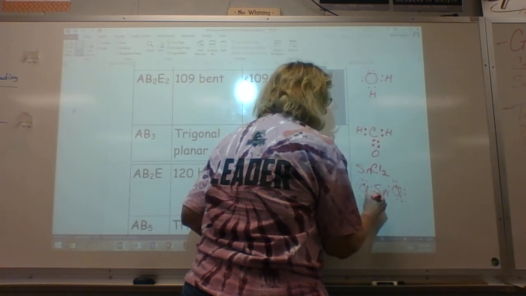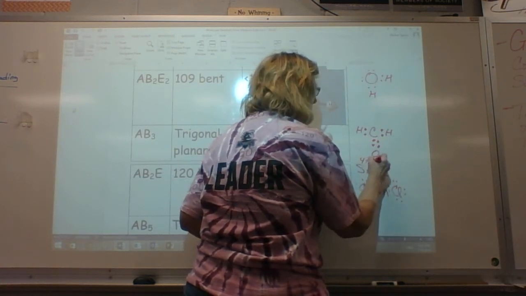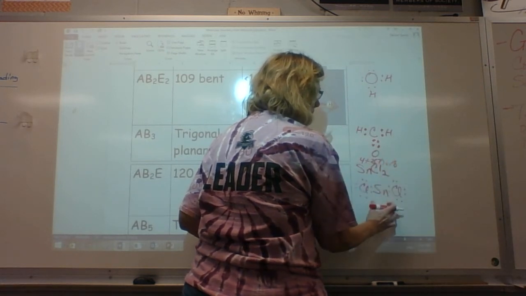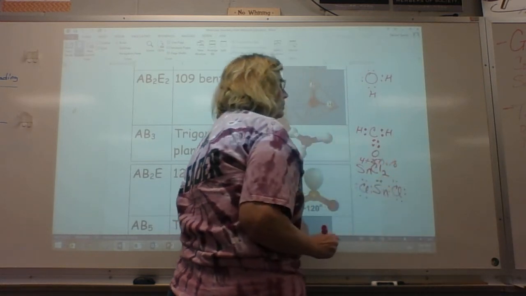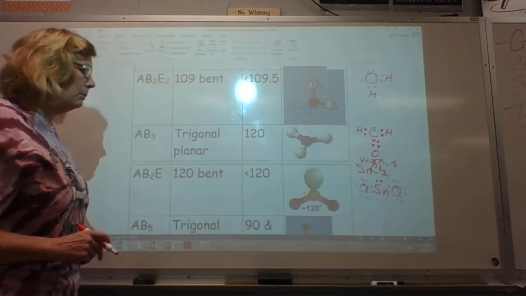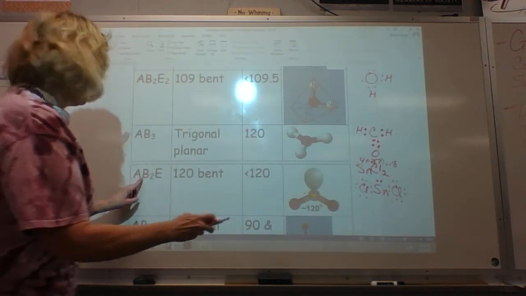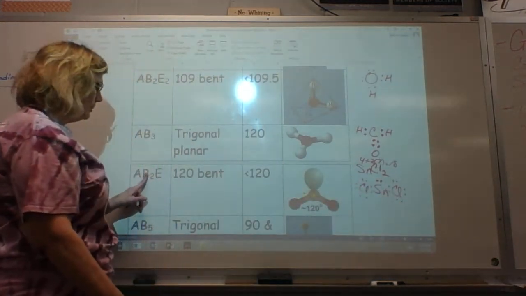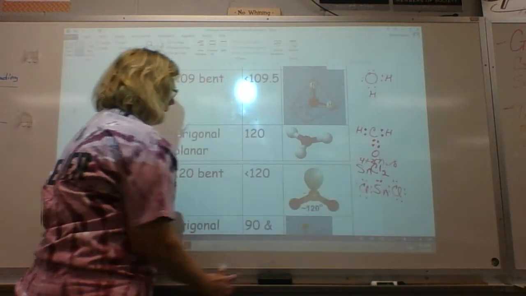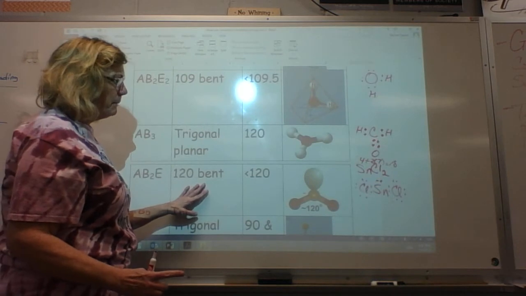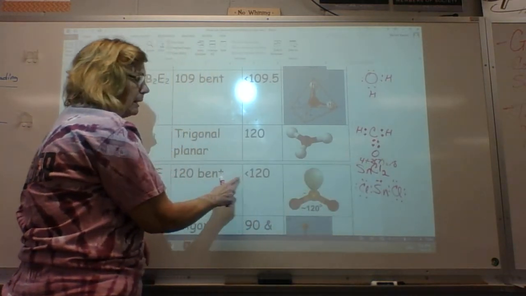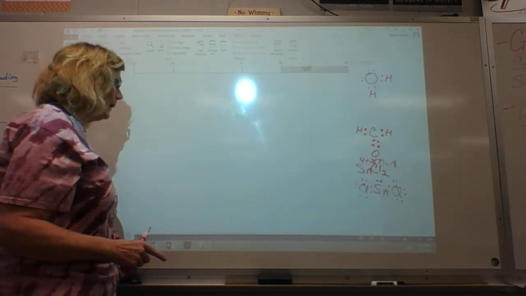Chlorine will have one. So there's 4 plus 2 times 7, 14. I get to draw 18 dots. I've drawn 16, so there's an extra 2 that I will tack onto the central atom. So I have A, B2, and my lone pair E. So I have 120 bent. And again, this lone pair actually pushes it so it makes it less than 120.